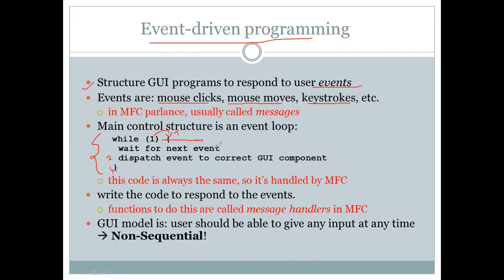Once we get the event, what will happen? It will dispatch the event to the correct GUI component, that is, to the Windows application interface, or you can say the library files present in MFC, which are responsible for processing that particular event.